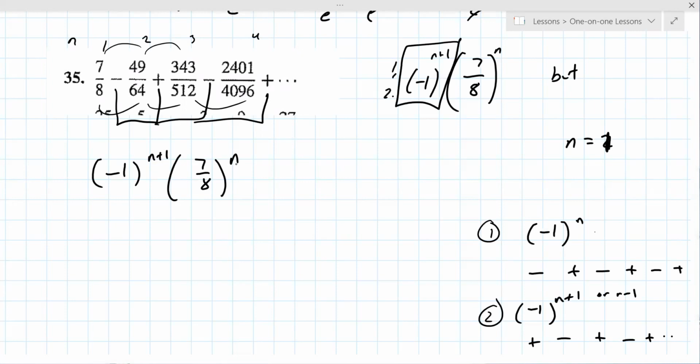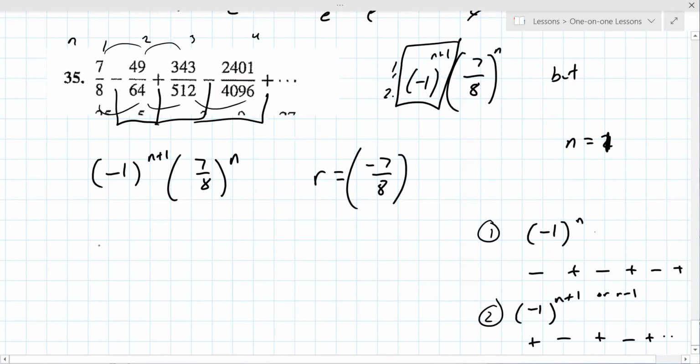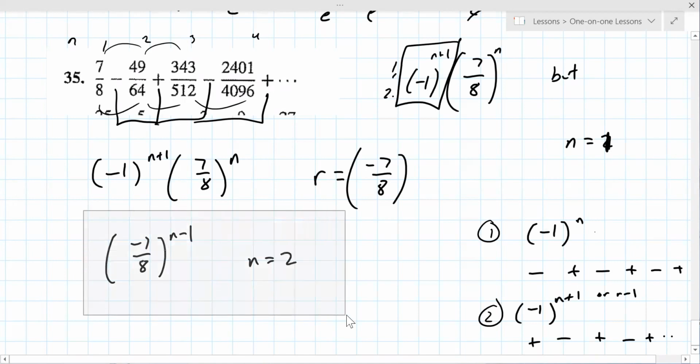Right. Now this one, the ratio r is a little bit harder to find. It's -7 over 8. You get that from this. Maybe I'm making this too complicated. It's -7 over 8, but it's to the n minus 1 power. But you have to start at 2 then. No, that doesn't give you that, does it? Okay.